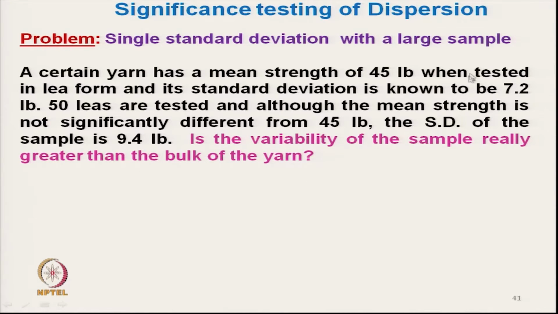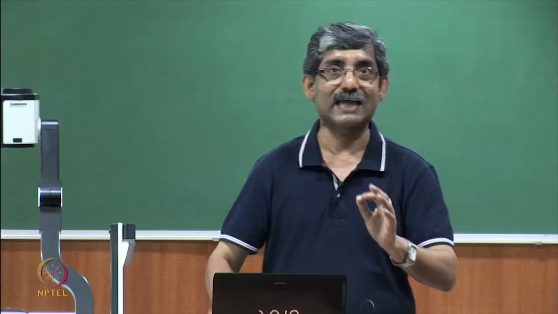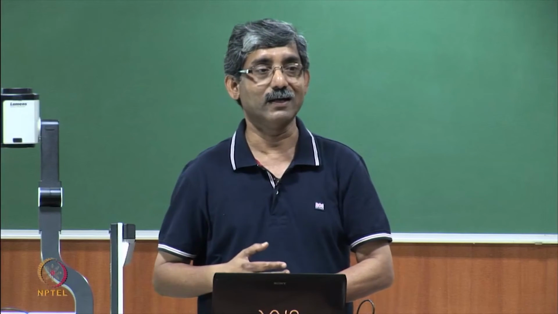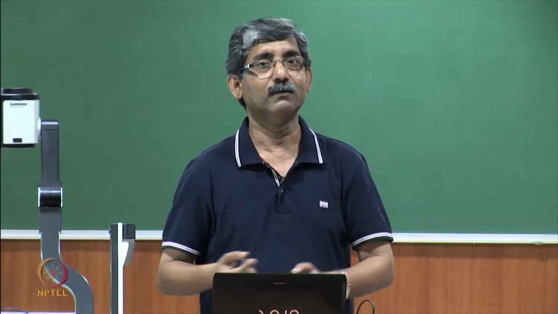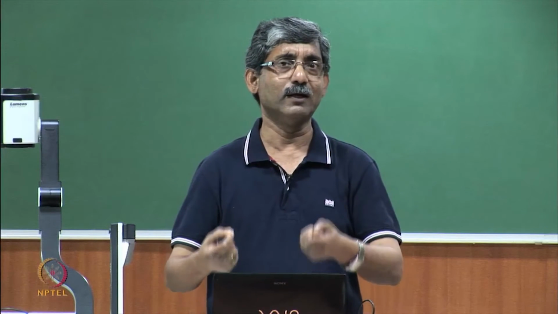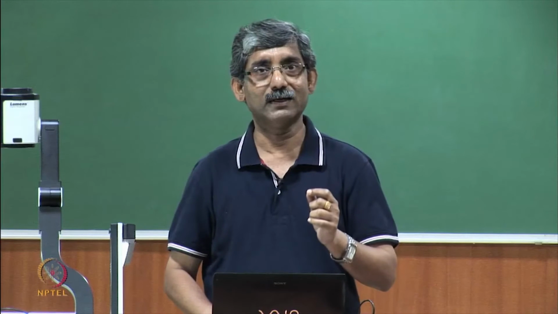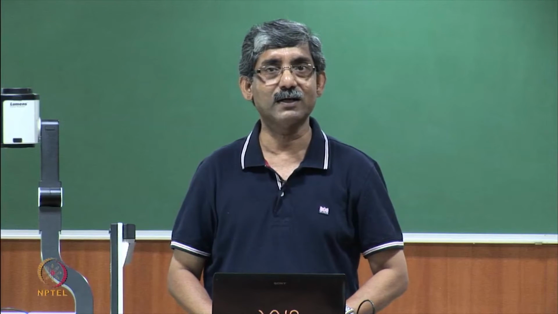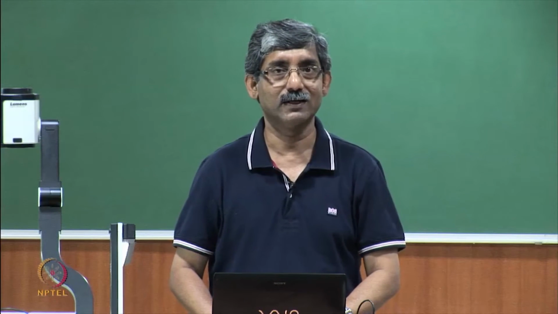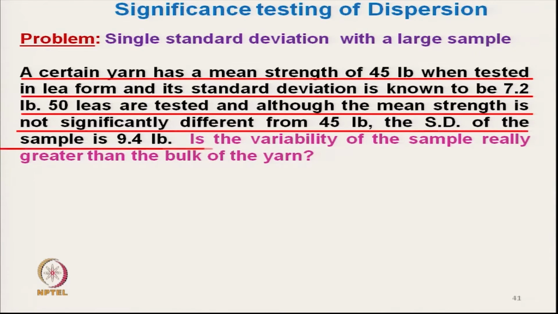The bulk sample has 7.2 standard deviation, now it is 9.4. The treatment here will be exactly the same as we discussed earlier, but the formula will be a little different. Here we are measuring the standard deviation.